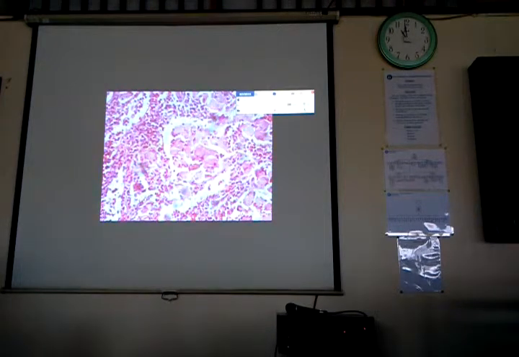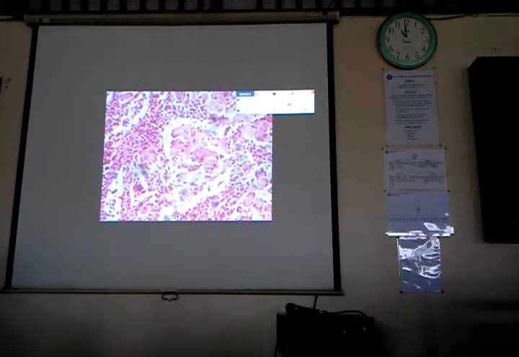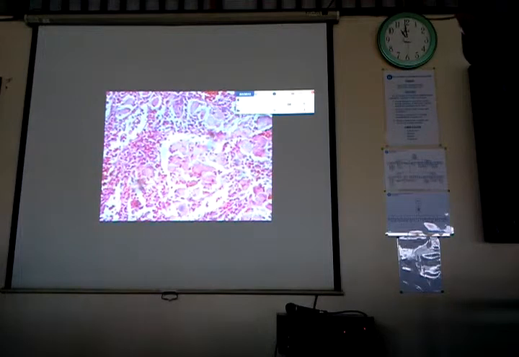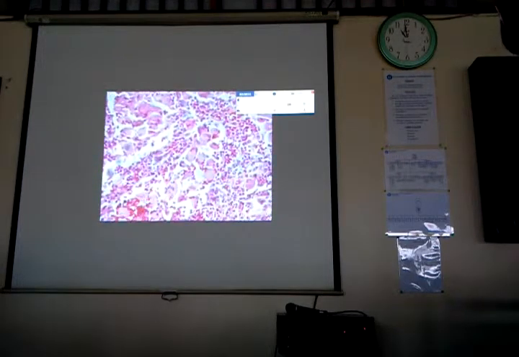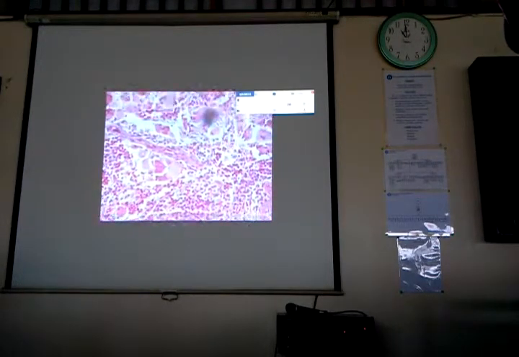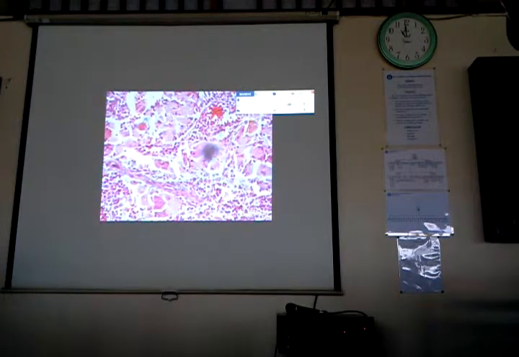That is why the phagocytic cells will appear large, and then the volume of cytoplasm will also become increased, which will lead to the enlargement of the entire cell. That is so because of the accumulation of glucocerebroside inside their cytoplasm.